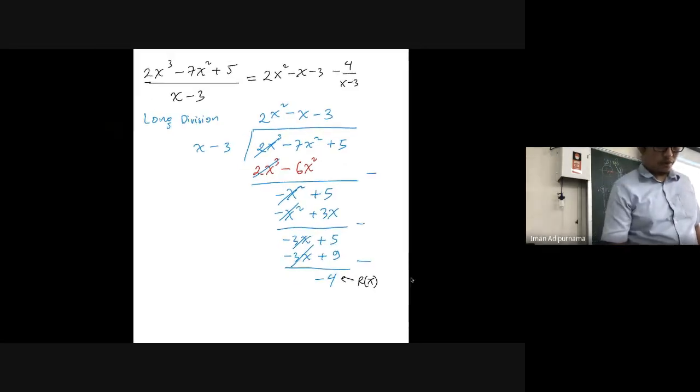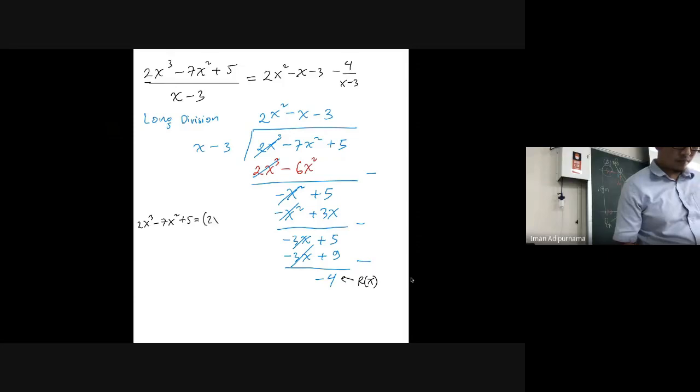Or if you want to remove the rational, you can also write the 2x cubed... let me move down.